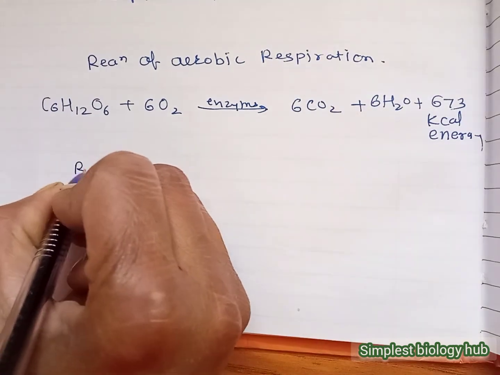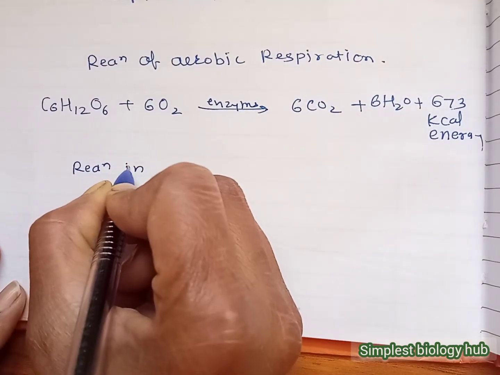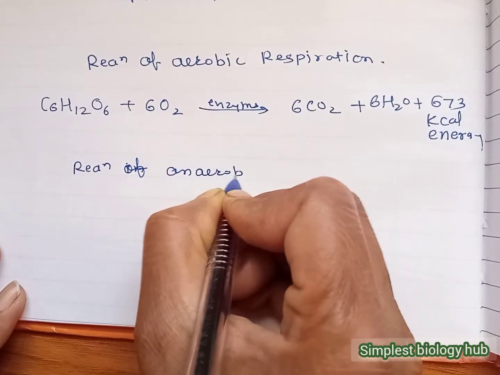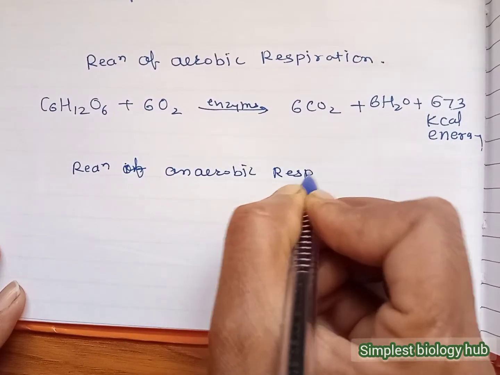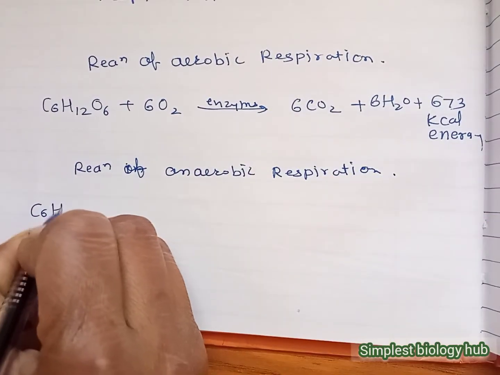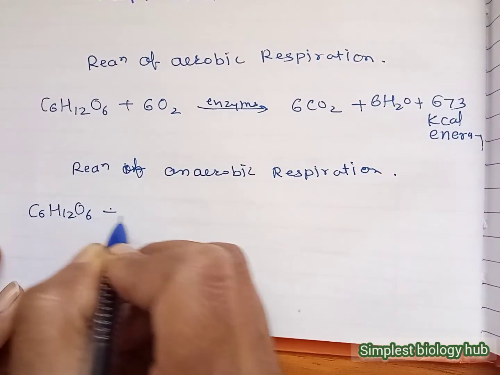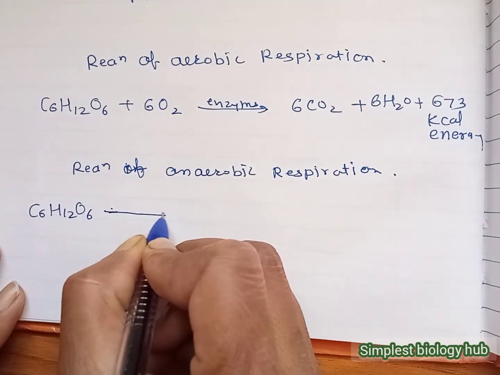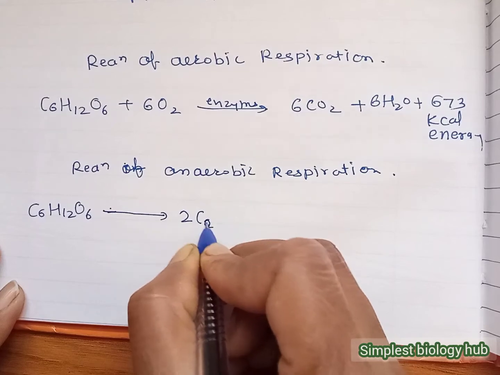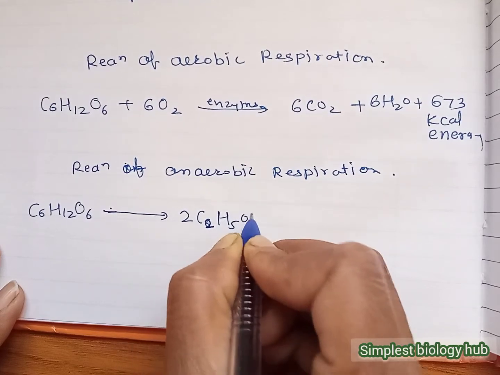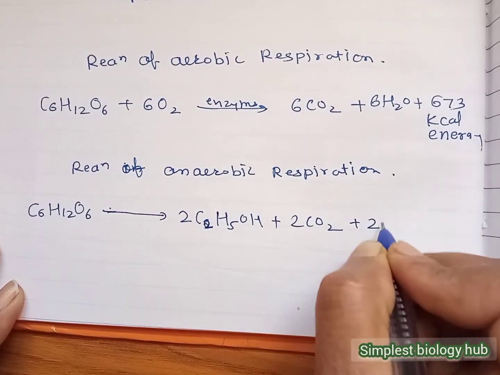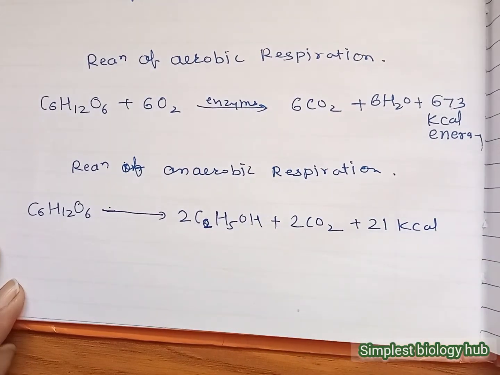While the reaction of anaerobic respiration: when one glucose molecule undergoes anaerobic respiration in the absence of oxygen, then it is directly converted into two molecules of ethyl alcohol plus carbon dioxide and 21 kilocalorie of energy.